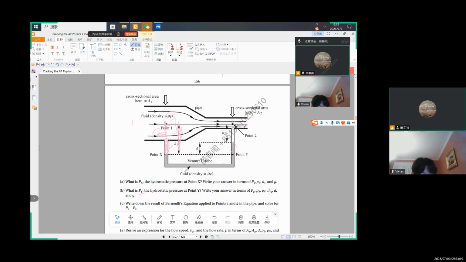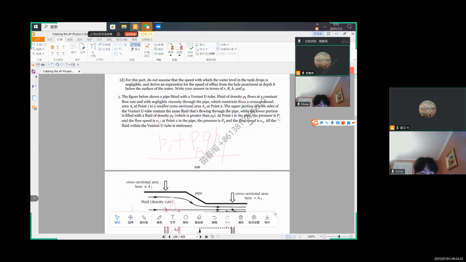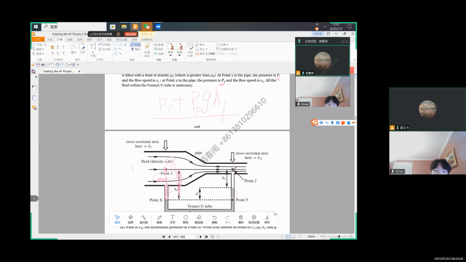Wait, it's P2 because they mentioned, let me read a little more. Oh yes, point 2 has a P2. So here's the pressure in here, but here's also the pressure from here, which is rho gH2, where rho is rho F, right? So here's P2 plus rho F times gH2. But there's also a little pressure from this liquid. So what's the liquid pressure in here?